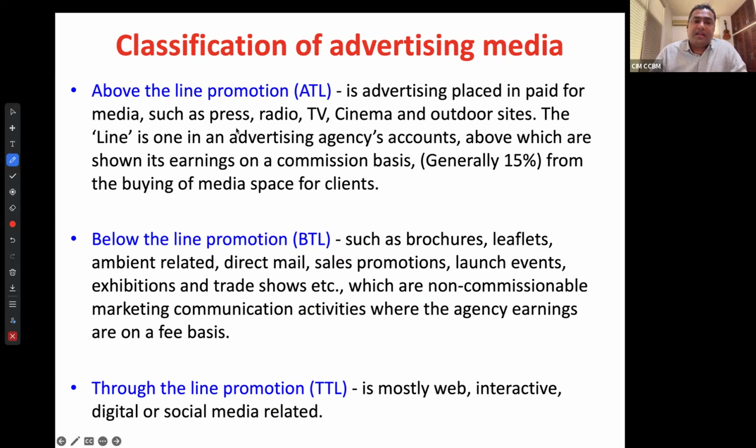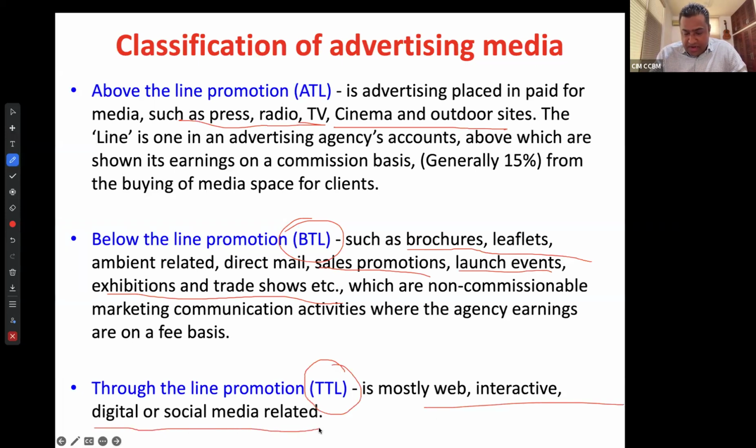What do you mean by above the line? Above the line, ATL advertising media includes TV, radio, press, cinema, outdoor. Below the line means more to do with sales promotions, events, brochures, leaflet distribution, exhibitions. All these are BTL, below the line forms of promotion. Through the line forms of promotion is digital strategies, social media and digital.